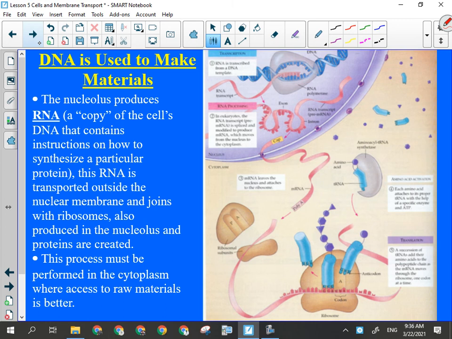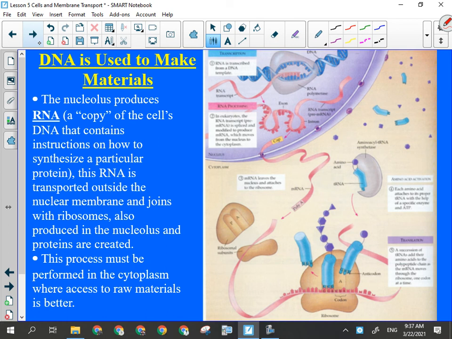You don't need to know all the little details of protein synthesis, but you do need to know how generally it works. So here's how generally protein synthesis works. The nucleolus copies DNA, sends that copy to the ribosomes, which make the protein. Three steps, that's generally how protein synthesis occurs, and that is controlled by the nucleolus.